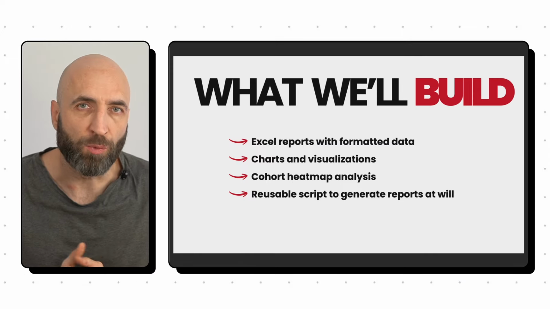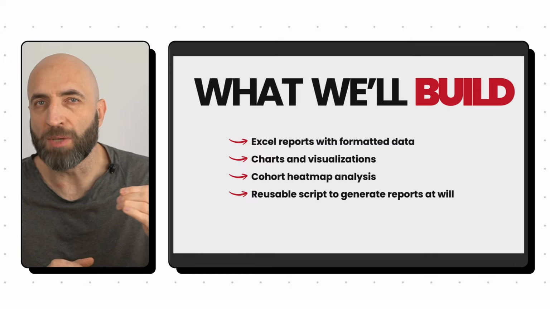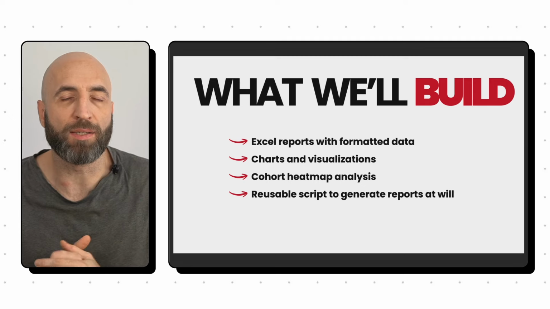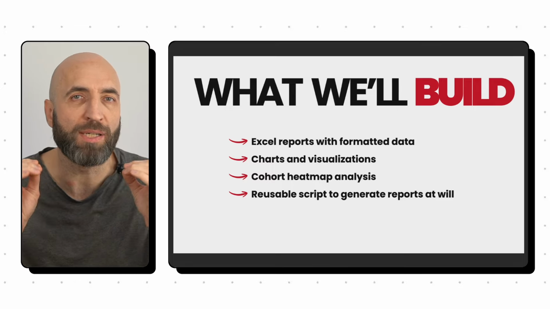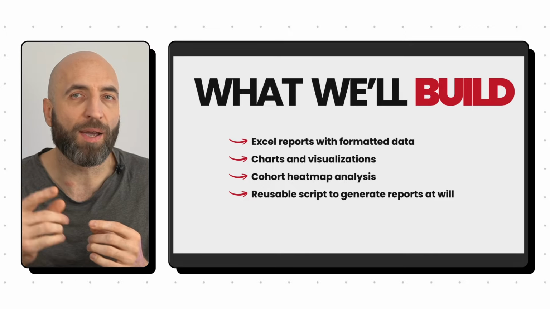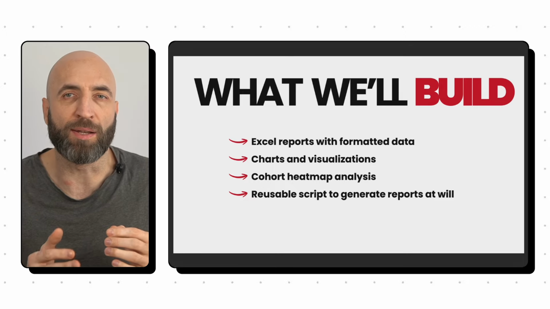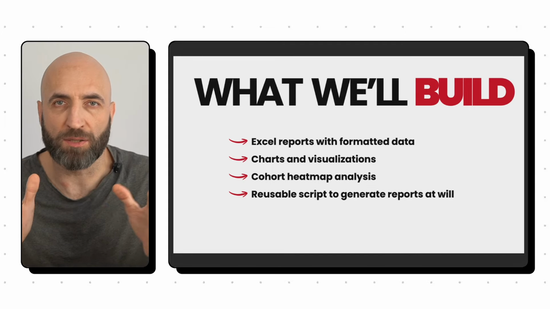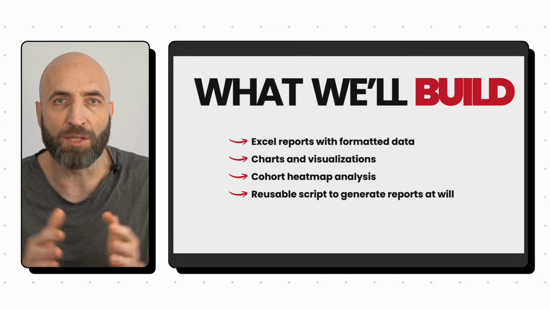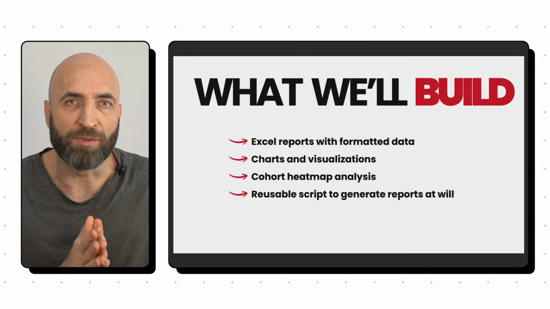So let's recap what we just did. We took 500,000 rows of massive business data, and in about 15-20 minutes, we built a reusable report generator with KPIs, rankings, time trends, country breakdown. We created professional charts ready for presentations, or like semi-professional.